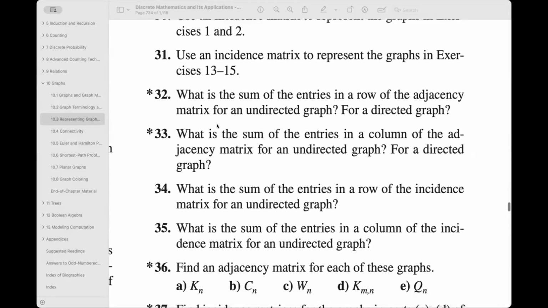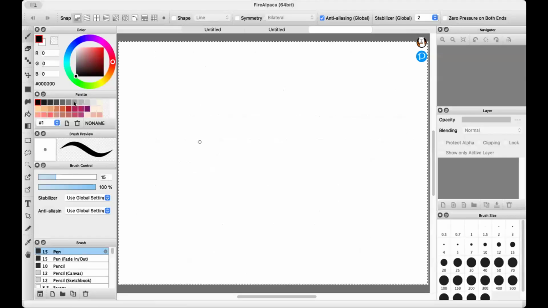What is the sum of the entries in the row of the adjacency matrix for an undirected graph? Okay, so I have to go over what an adjacency matrix is. Let's see. Going back here.